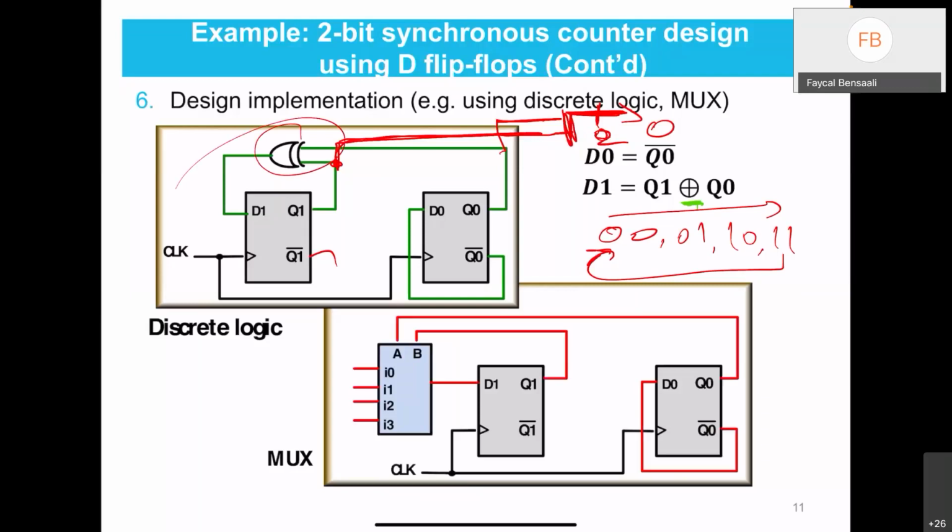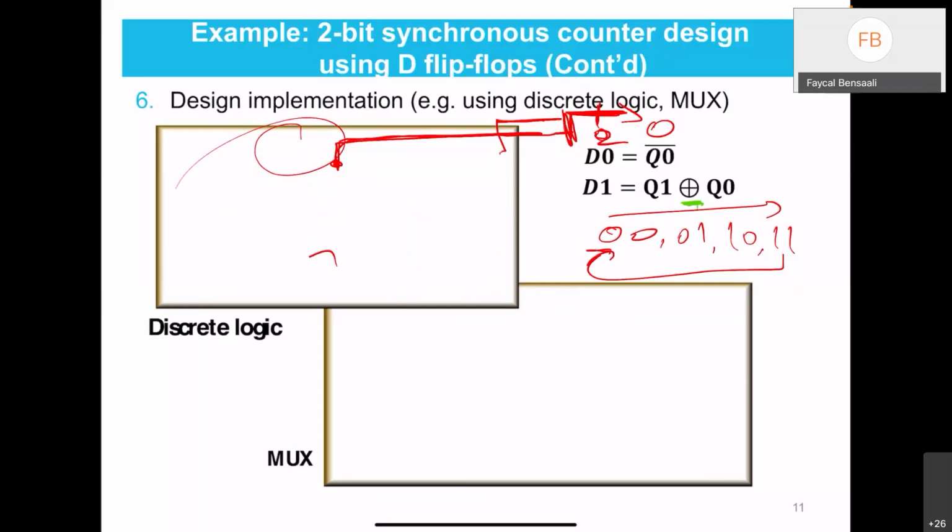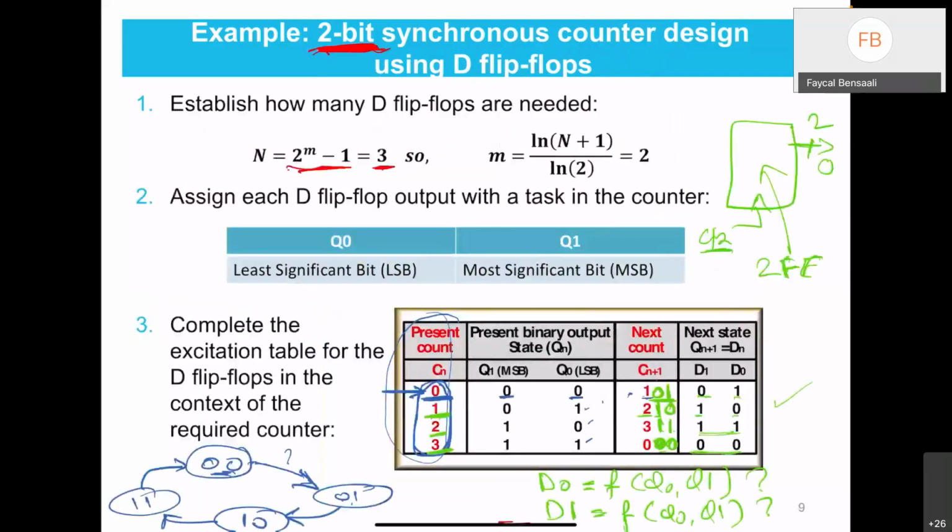So in this case, and you know how to do it, right? So I will just use this table to get the D0 and D1. So this is the multiplexer. This will be connected to Q0 bar.